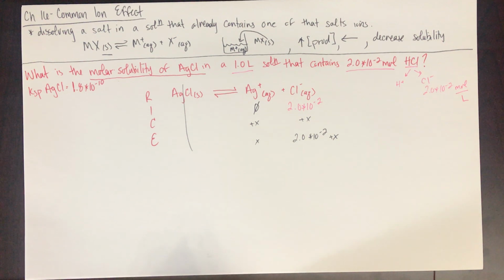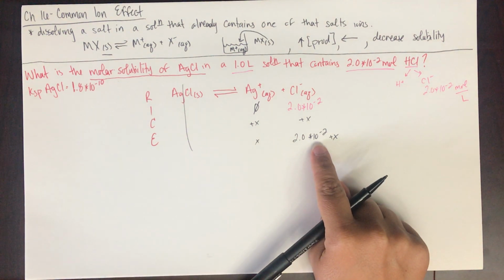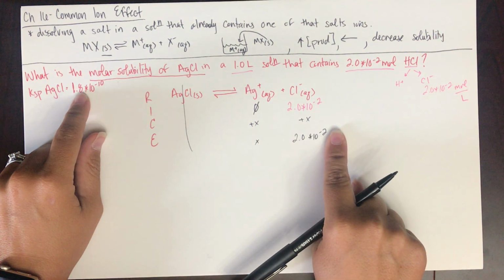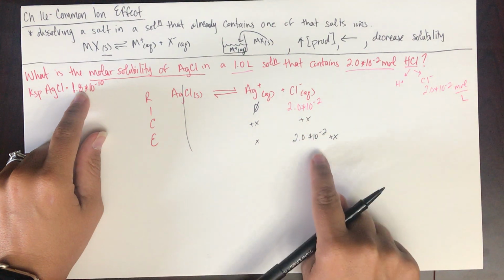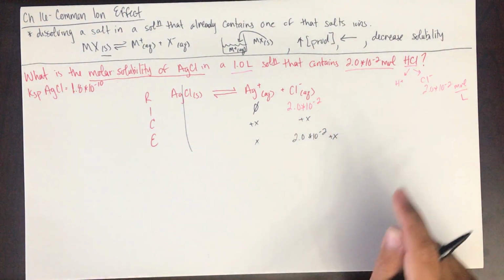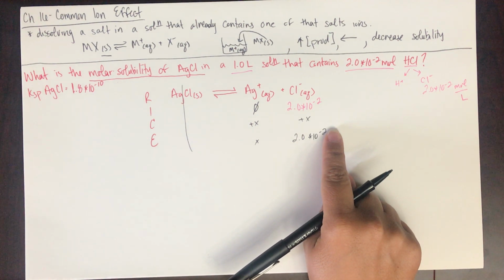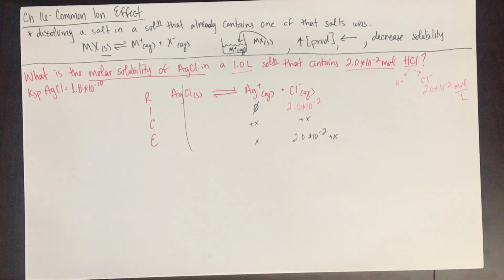The simplifying assumption is going to tell us that this x is negligible, so we're not going to need to do the quadratic formula, because comparing the initial concentration to the Ksp is going to show us that this x is negligible, and we can always double check that later too. So let's solve for x.